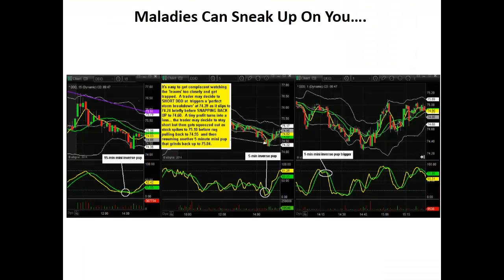All right, so here's an example of how maladies can sneak up on you. And usually it's going to happen during the afternoon or the end of the day. By that point, mentally and physically, you may be drained, especially if you don't take your breaks during the dead zone.